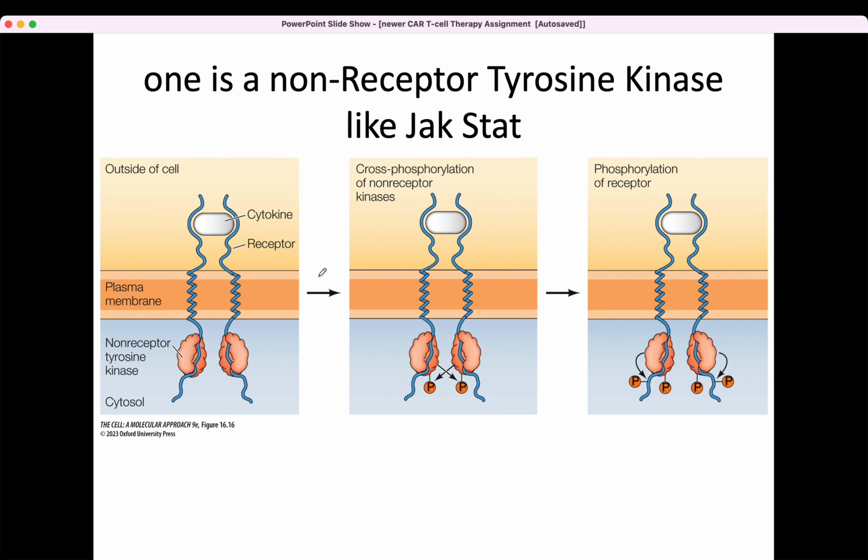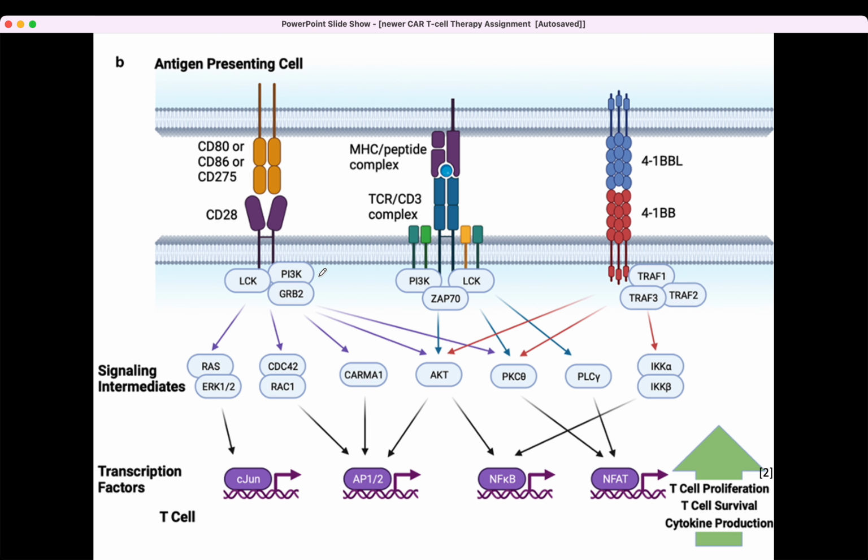But what we're going to do is we're going to see the signal transduction pathways that they activate. So here's a pretty first simplified example, and we're talking about these three receptors, which again are not receptor tyrosine kinases or G protein coupled receptors. That's fine.